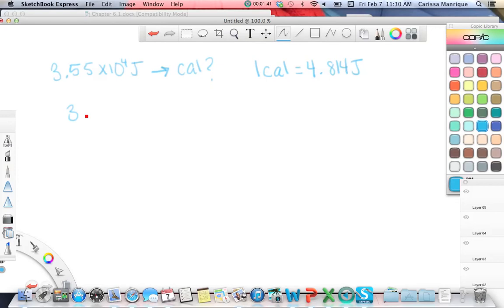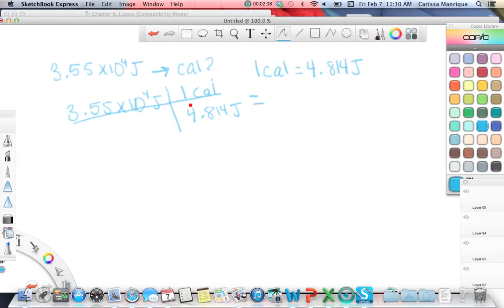So we're going to start off with our number that we have, which is 3.55 times 10 to the 4th joules. Okay, we want to cancel out joules, so we're going to put the 4.814 joules at the bottom, so they'll cancel out here, and 1 calorie at the top because that's what we're trying to get.